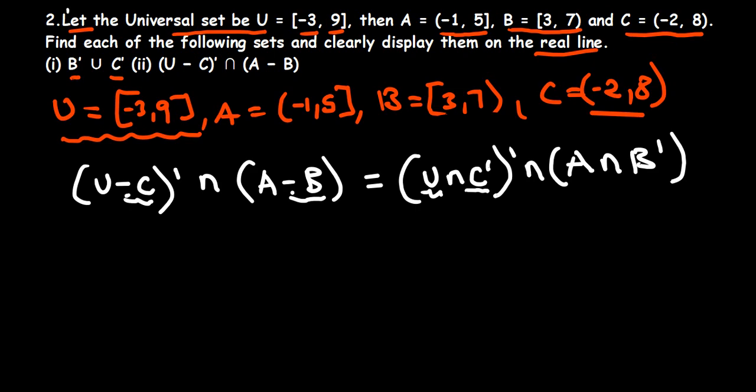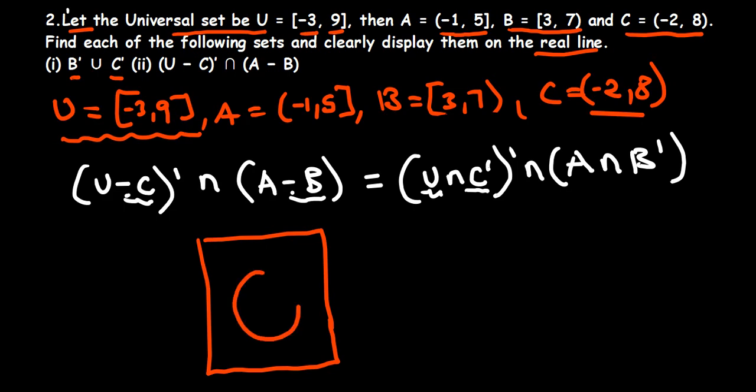What is the universal set intersecting any of its subsets? Let me put it in a picture. For example, this box is my universal set, and inside here I have a subset of the universal set. Let's say this set here is A. So what is the universal set intersecting A?